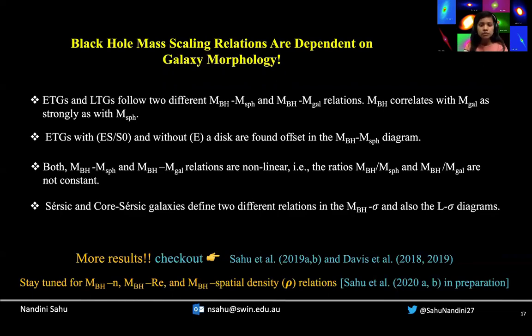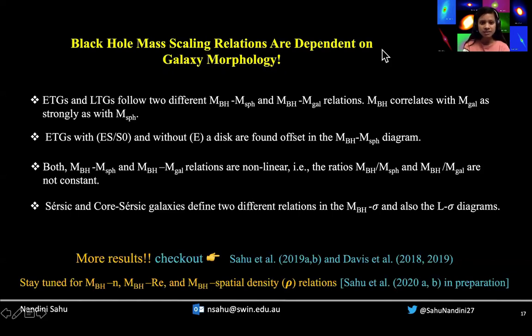And none of these correlations between black hole mass and host stellar mass are linear. So that means that the ratio between black hole mass and bulge mass and black hole mass and galaxy mass are not constant. Similarly, the Sérsic and core Sérsic galaxies define two different relations between black hole mass and host stellar velocity dispersion.